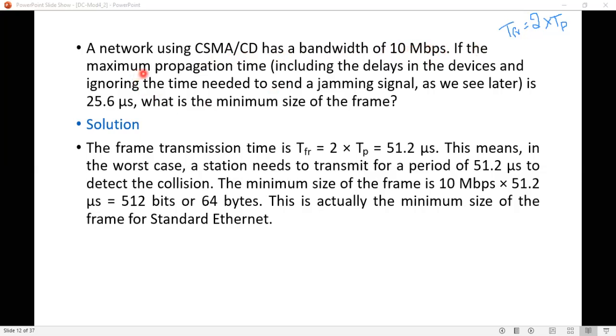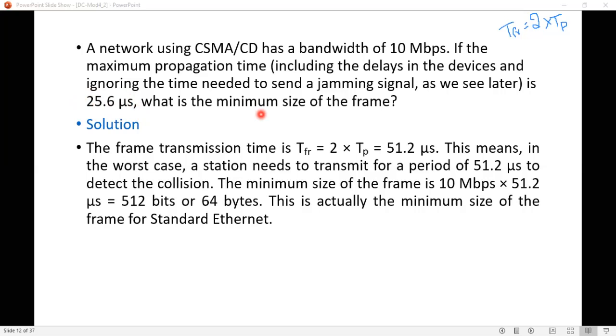If the maximum propagation time, that is TP, including the delays in the devices and ignoring the time needed to send a jamming signal, is 25.6 microseconds. Okay, that is, your TP is 25.6 microseconds.